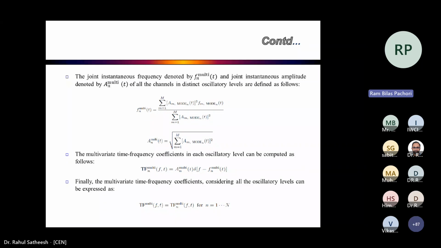From that we can obtain the multivariate time frequency coefficient at each oscillatory level using this mathematical expression, and this can be generalized for all frequency oscillations or levels available in the EEG signal. This is for one particular frequency mode, and this is for all modes. In that way you have a time frequency representation for multivariate or multi-channel signals like EEG. Next slide, please.